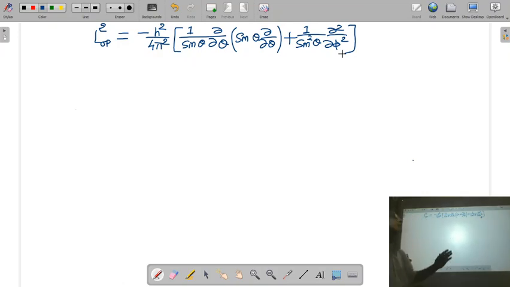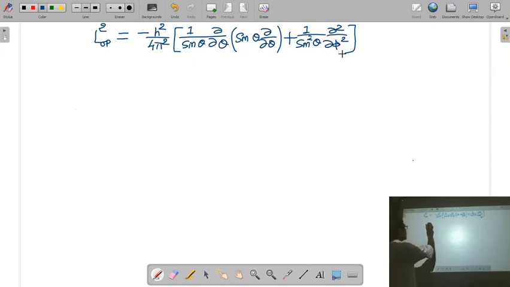The quantum mechanical operator for the square of angular momentum L square is minus h square upon 4 pi square, times 1 upon sine theta d by d theta of sine theta d by d theta, plus 1 upon sine square theta d square upon d phi square. Okay, this is the operator of L square.